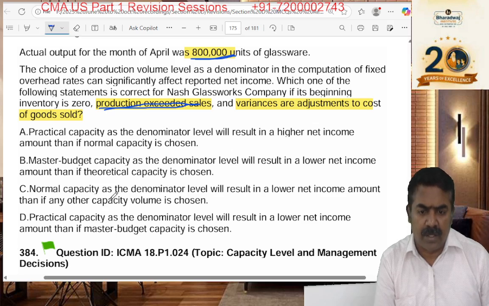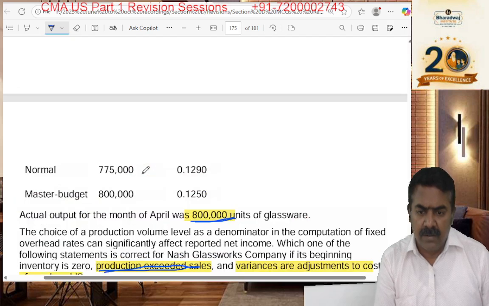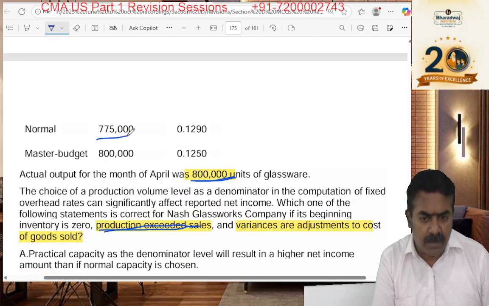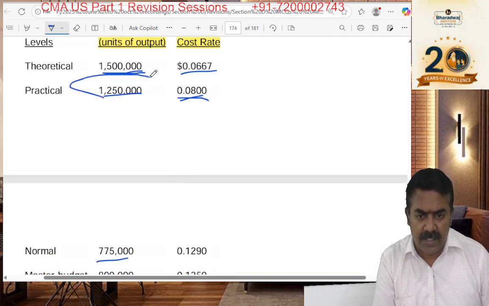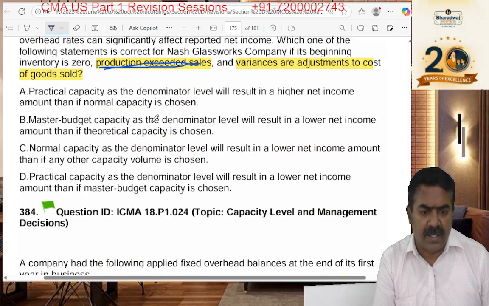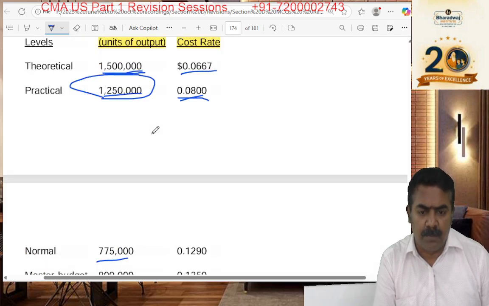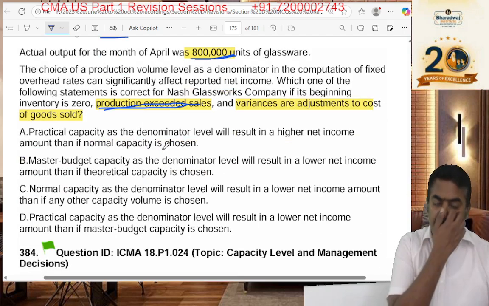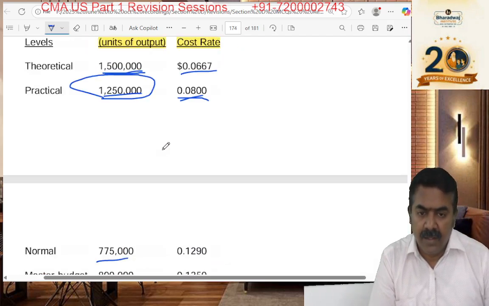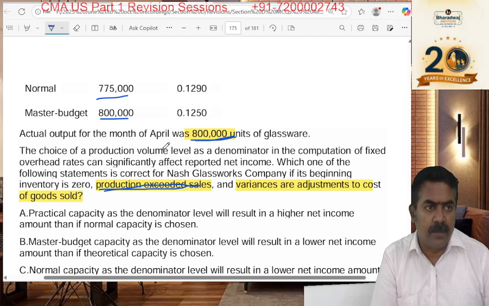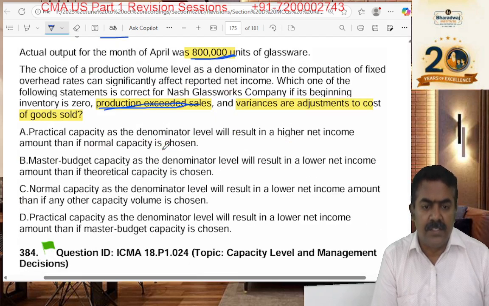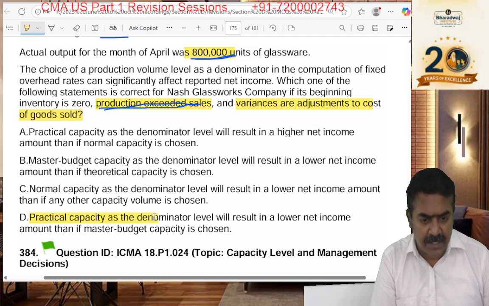The question is about practical, master and normal capacity. If you look at normal capacity and master budget capacity, it is close to 8 lakhs. Practical capacity is 4,50,000 higher. So 4,50,000 into 0.08, you get 36,000. That 36,000 will be adjusted against cost of sales. So when you use practical capacity as the denominator level, it will result in lower net income.